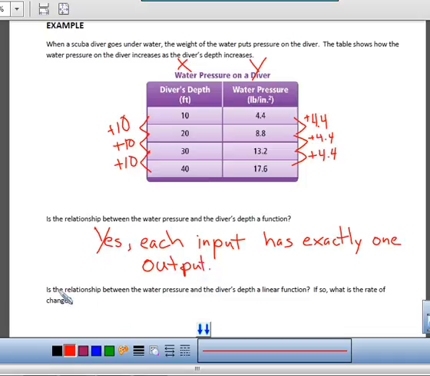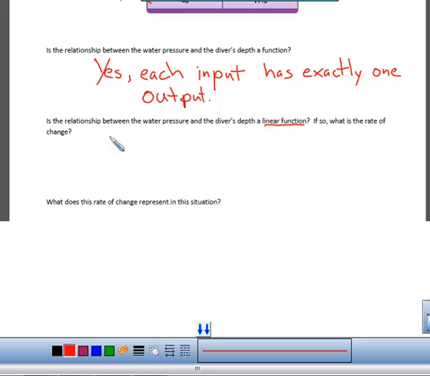Okay. Is the relationship between the water pressure and the diver's depth a linear function? If so, what is the rate of change? The answer is yes, because there is a constant rate of change.